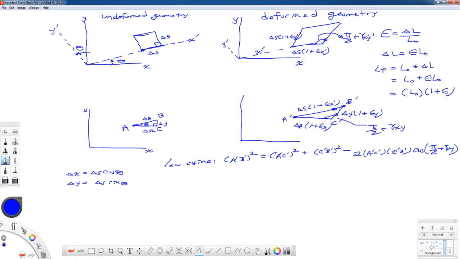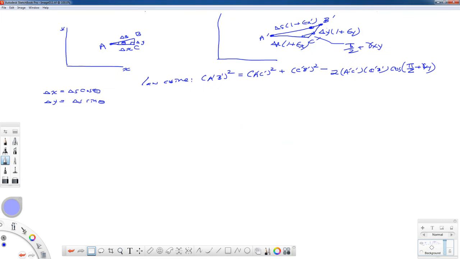Going to make a little bit of room. What we're going to do is we're going to expand these terms out and put the strain components in them. Alright, so the long side squared is going to be delta S squared (1 plus epsilon x prime) quantity squared.